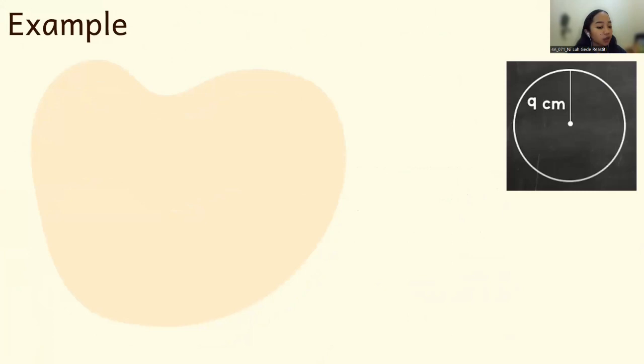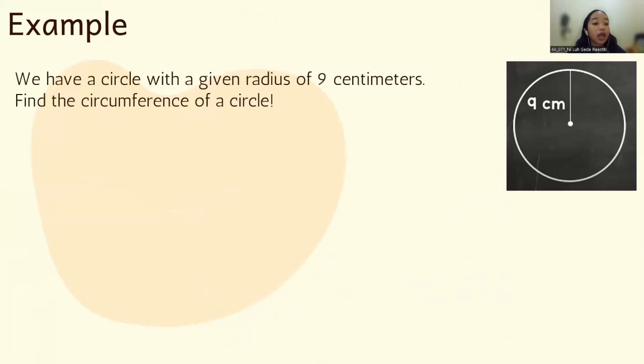Let's jump into our example, where we have a circle with a given radius of 9 cm. Find the circumference of the circle. Let's see the picture. Now, the first thing I'm going to do is write out our formula, and we are going to use C equals 2 times pi times r.